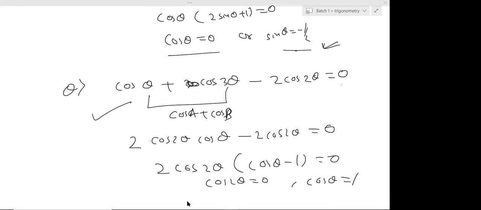Yes, sir. Sir, which book is best for trigonometry? First, you should do NCERT. Then exemplar. Now, are you preparing for NEET or not? Obviously, NEET or JEE? JEE.